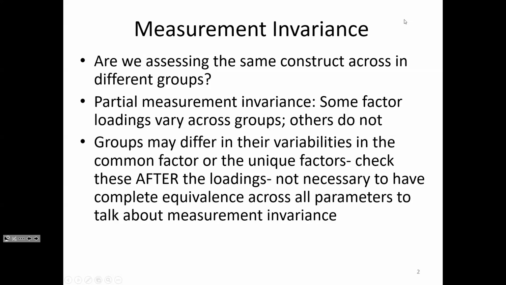So you're always rooting for full invariance, but in the real world, it is not uncommon to find yourself not in that situation. As I said, we talked about constraining the error variances to be equal, and that's great if you can get there. But I'm not talking about testing companies who are doing this professionally. I'm talking about researchers using researcher-developed measures.